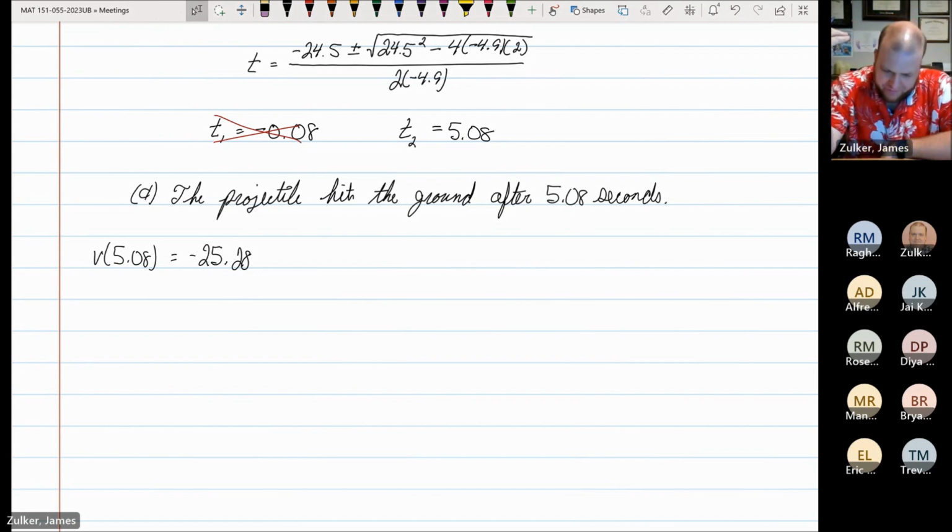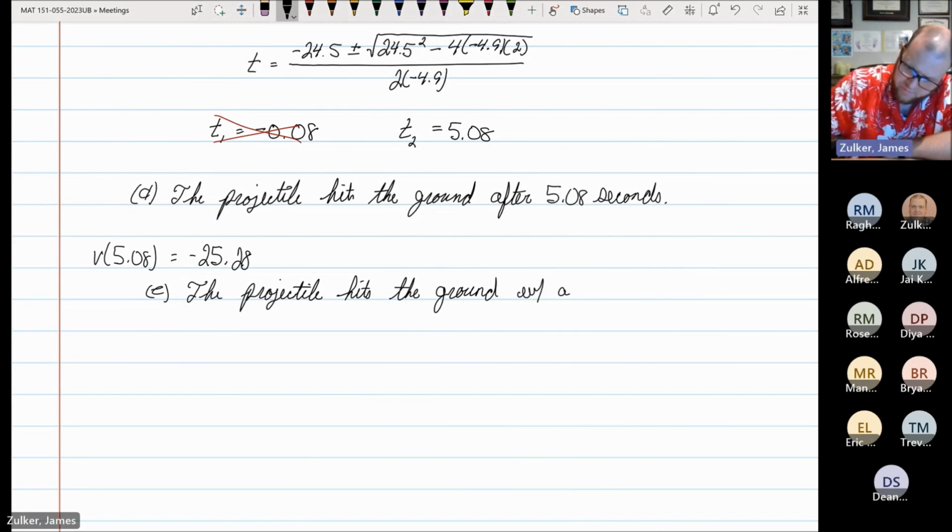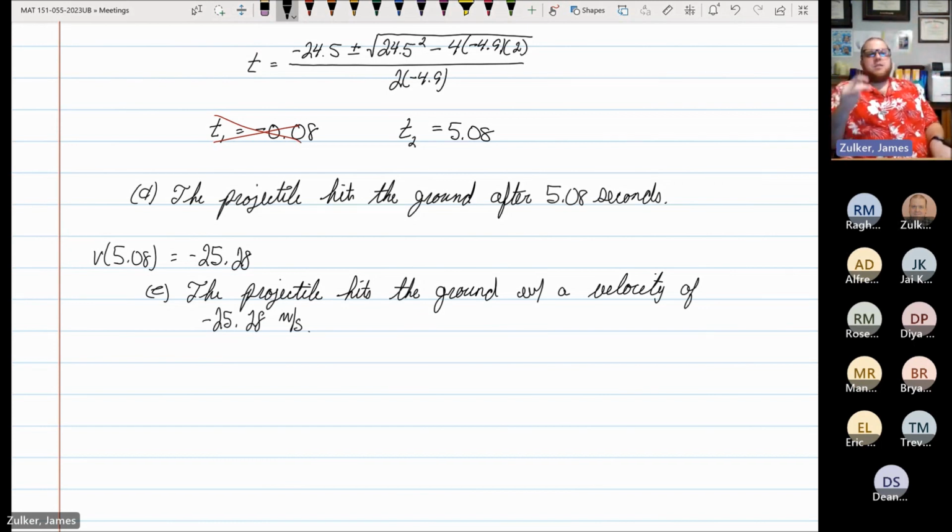We know that when it hits the ground, it's moving down. So the velocity should be negative. So it hits the ground with a velocity of negative 25.28 meters per second.